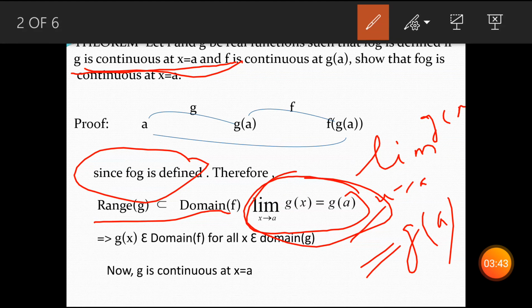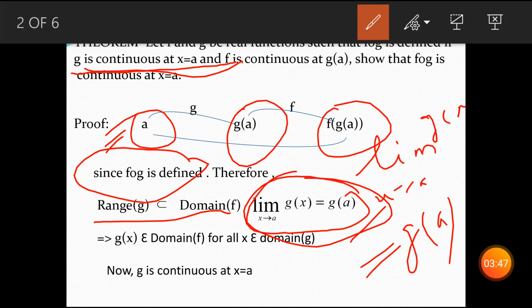After that, just look at this diagram. This is x, then g(a), and this is f(g(a)). Or you can say x, g(x) and f(g(x)). This is the g function and this is the f function. So g(x) is in the domain of f, and x is in the domain of g.